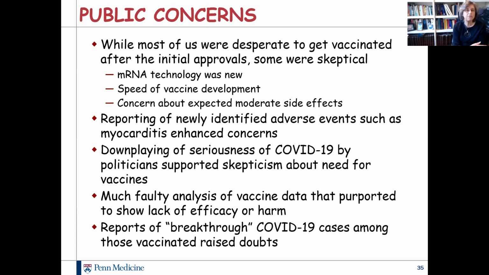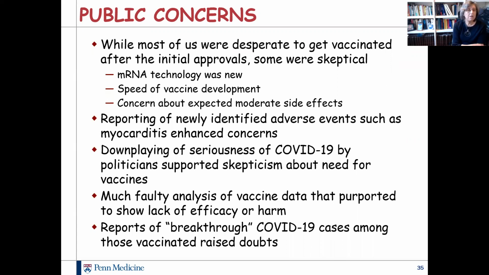And then the reporting of the newly identified adverse events, such as myocarditis, just enhanced concerns. And finally, the downplaying of the seriousness of COVID-19 by politicians. Some politicians supported skepticism about the need for vaccines.